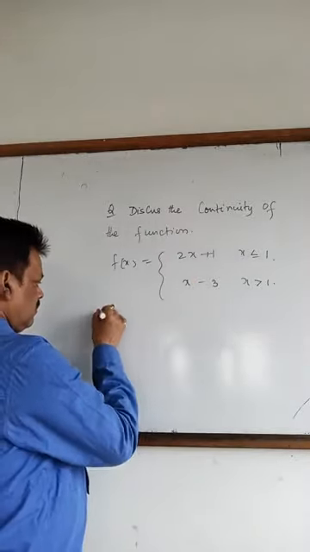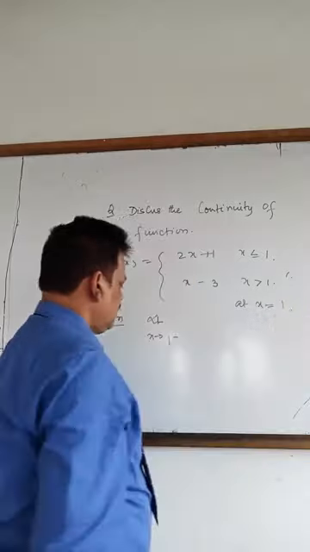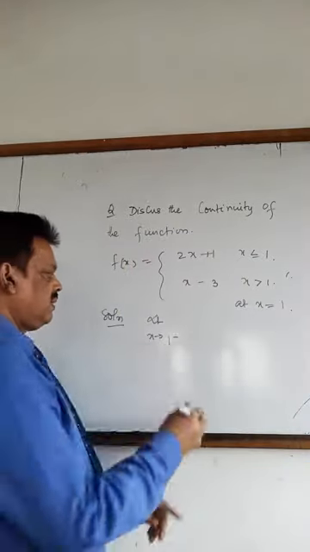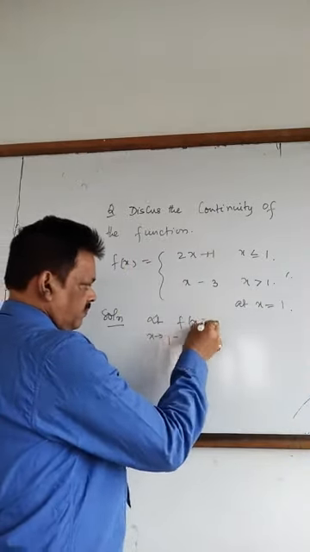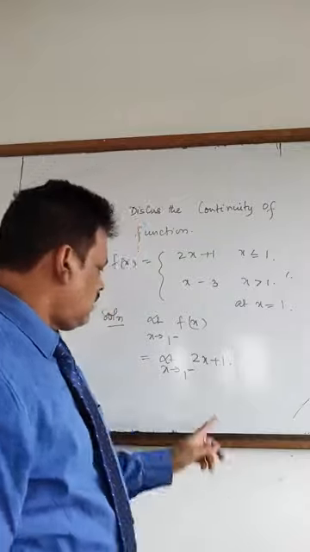Look at here, what do you get? Limit x tends to 1 minus f(x), if the question is at x equals to 1. Left hand limit means x less than 1, where f(x) is 2x plus 1. How to calculate?